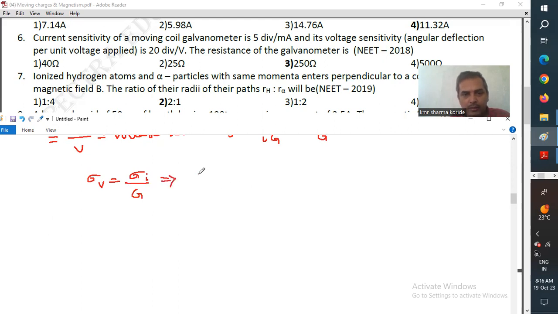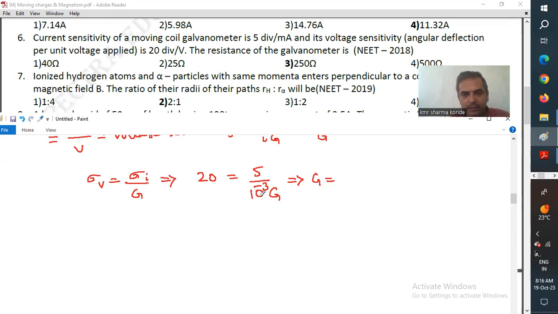Now you apply the present values. Voltage sensitivity is 20 divisions per volt. Current sensitivity is 5 divisions per milliampere. Remember, milli means 10 to the power of -3. You are looking for the G value.